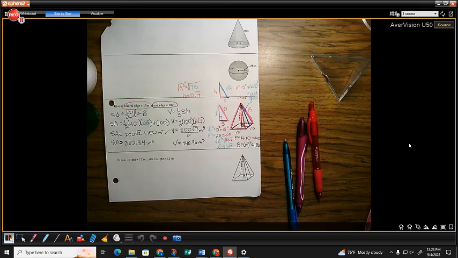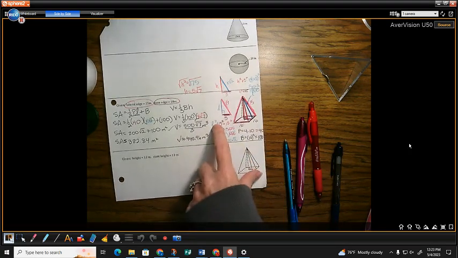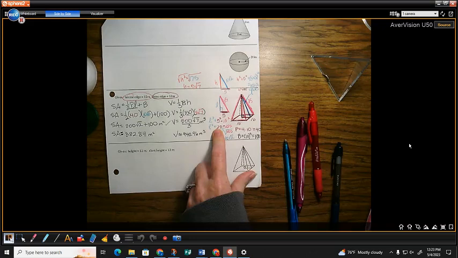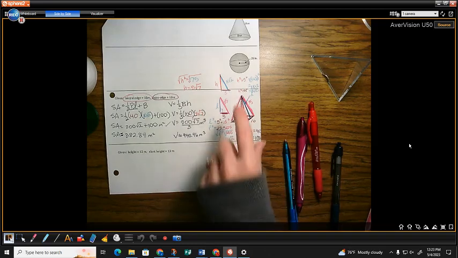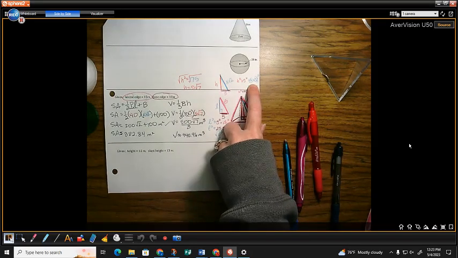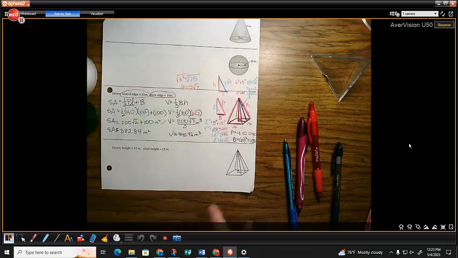On the test, how many questions are going to be this long? Several. That's the thing though, all of this stuff is old stuff. So doing the Pythagorean theorem, should it take you as long to do it on your own as it did for me talking to everybody? No, you should be good at Pythagorean theorem. Should you be pretty good at squaring radicals by now? Should you be good at using special rights? Yes.